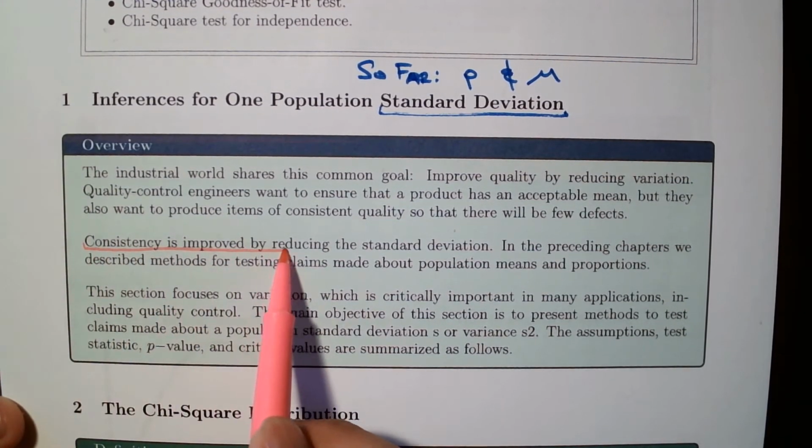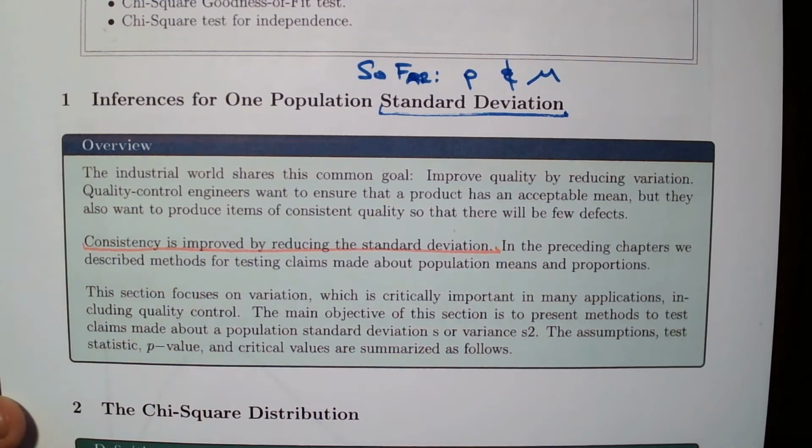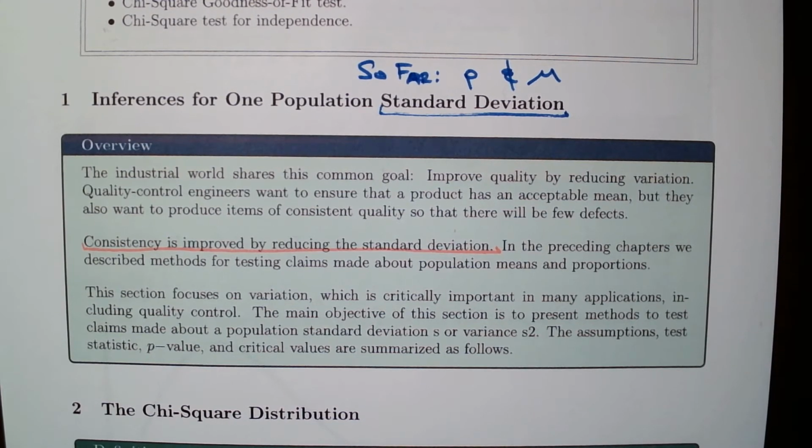What do we mean by that? Well, by reducing the standard deviation among the sample or the population. All right, so in this case we are going to do some tests of variation.